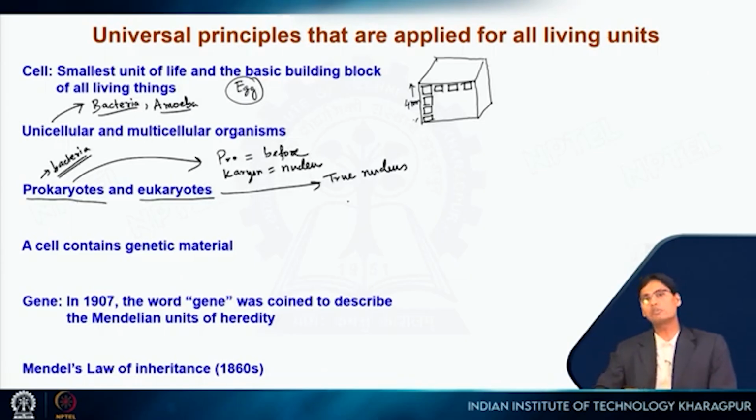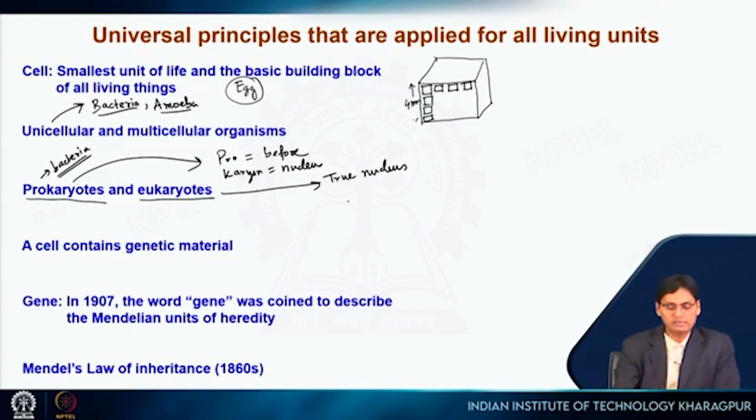But at that time, it was not known what the mechanism is, where the genetic information is present, and how it is going to the next generation. The specific molecular mechanism was not known.